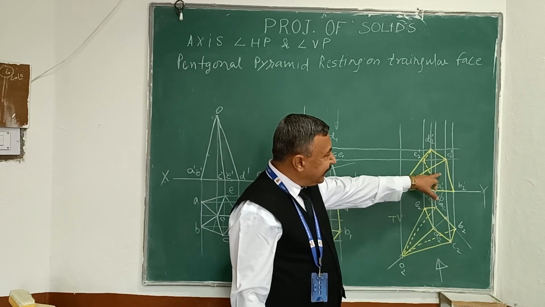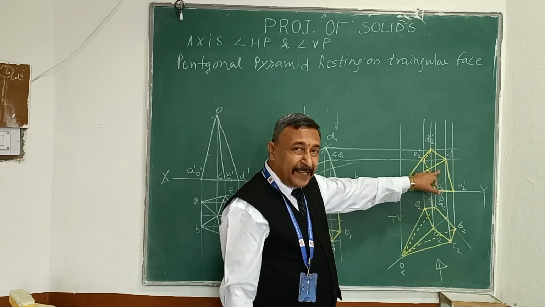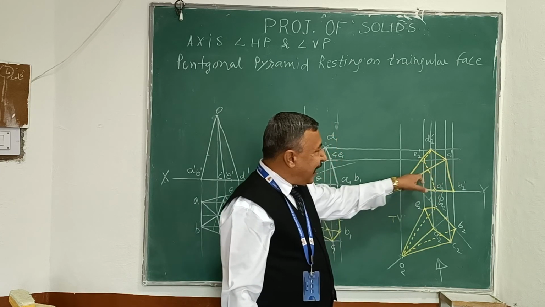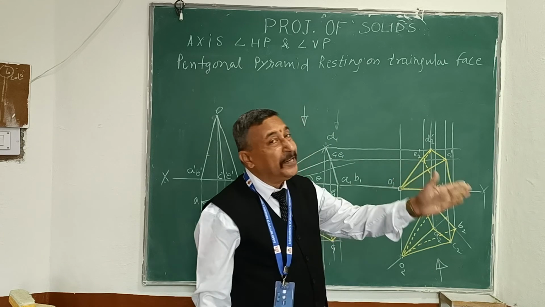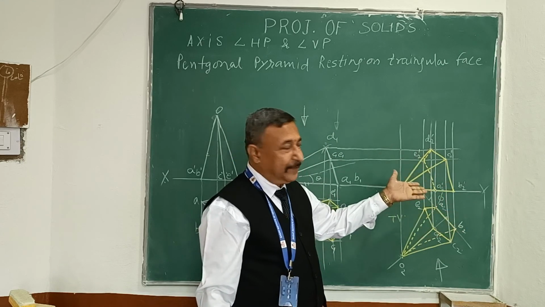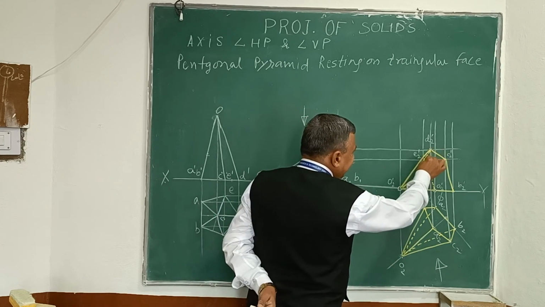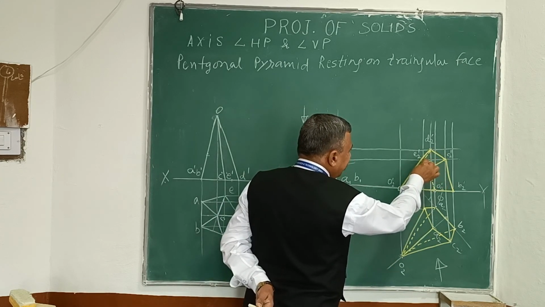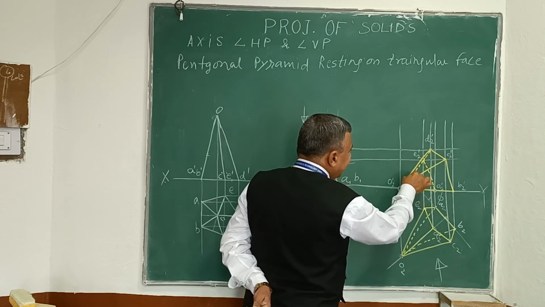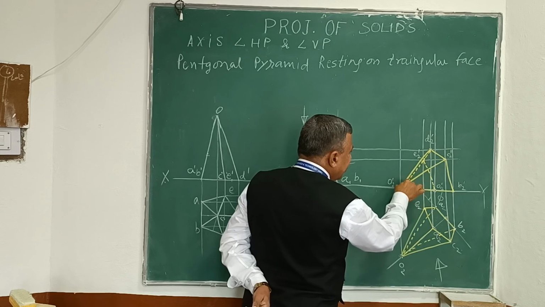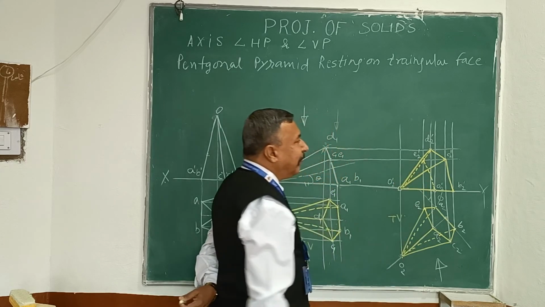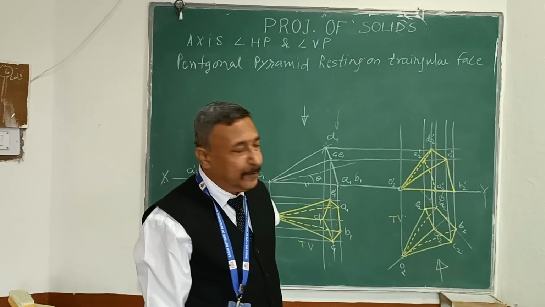Or we can say this base is hidden, which means this line or edge is in front of this, not at the back. In the same way, these two edges are invisible, so we can say that this edge is also invisible and drawn by a hidden line.